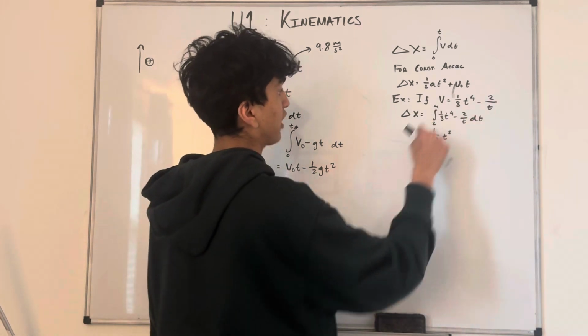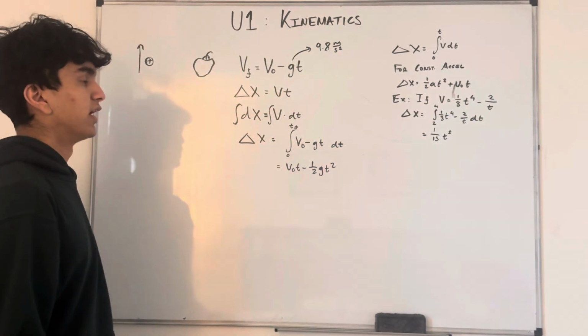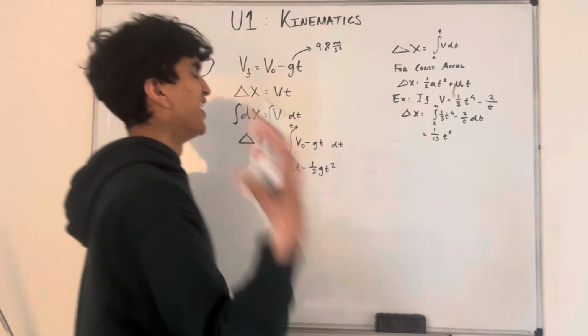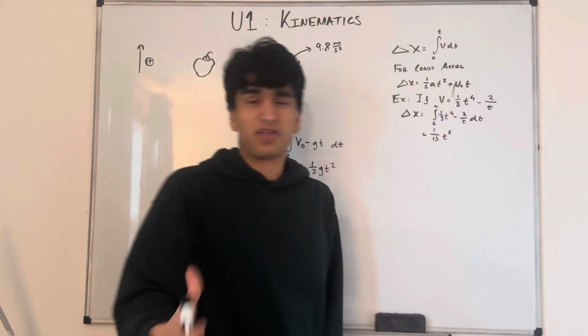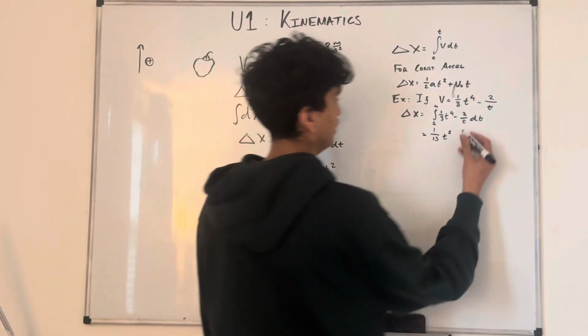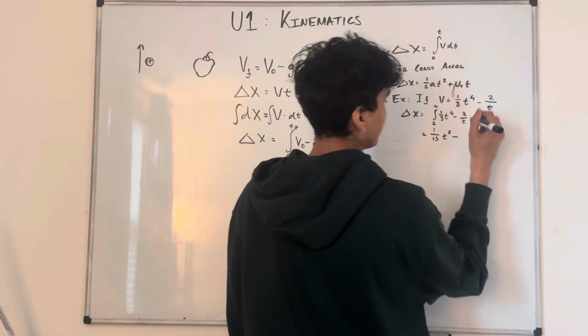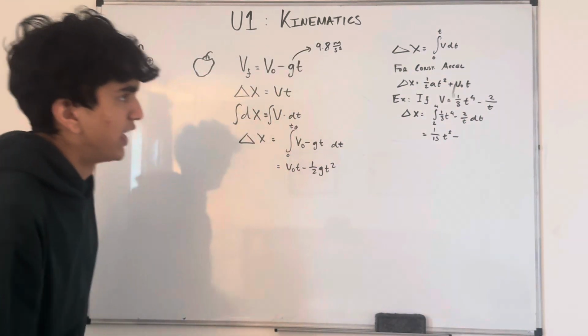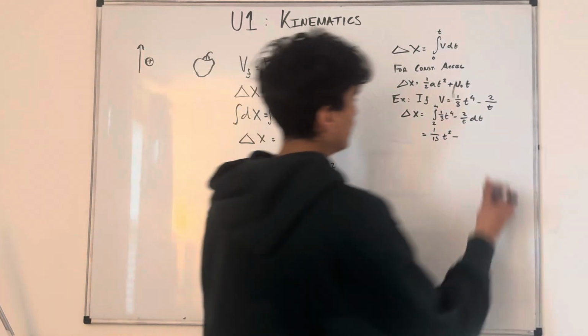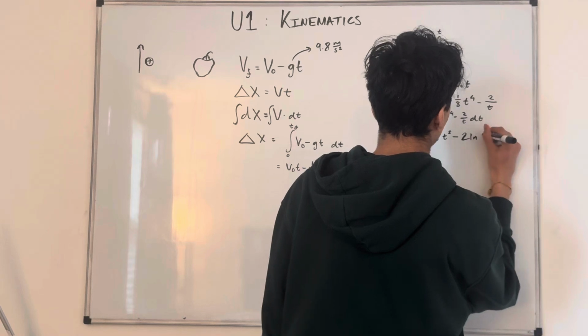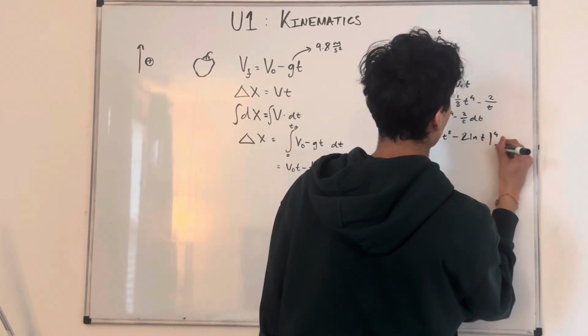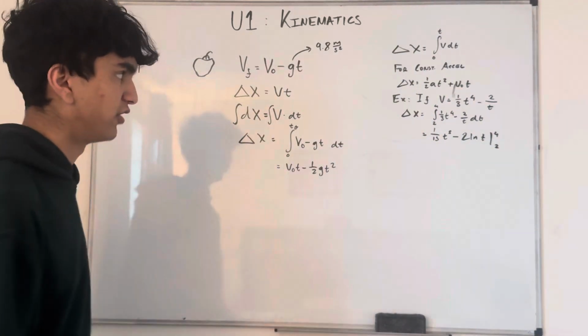So add 1 to the exponent, and then multiply by the inverse. Hopefully you know that basic integration. It's on the equation sheet if you need it. Minus the integral of 2 over t, which would be 2 times the natural log of t from 2 to 4, and then I could just plug in whatever I need.